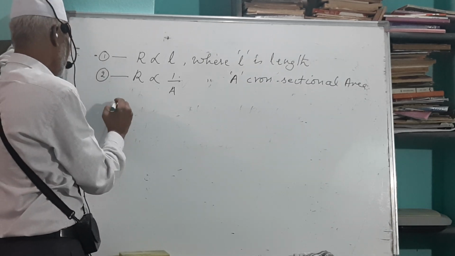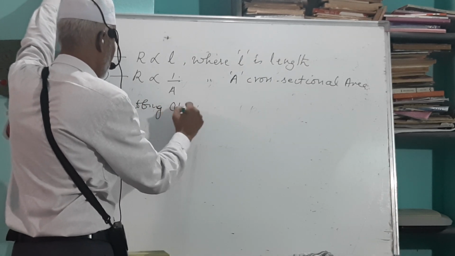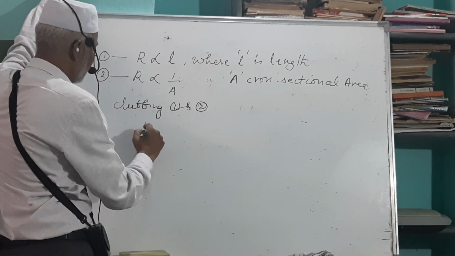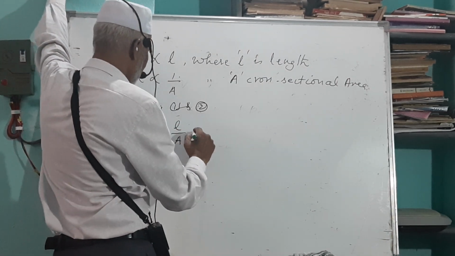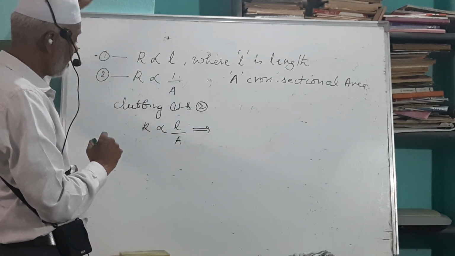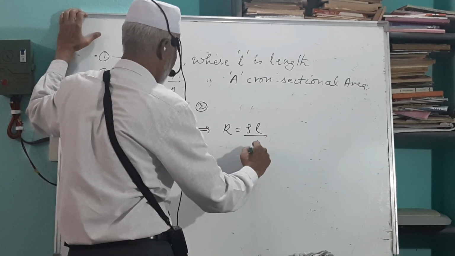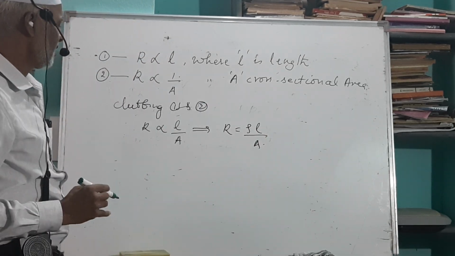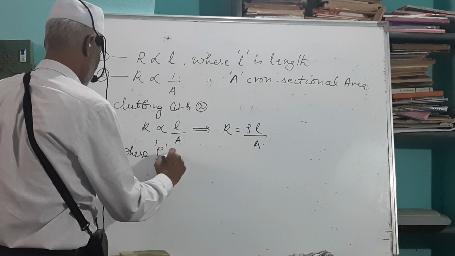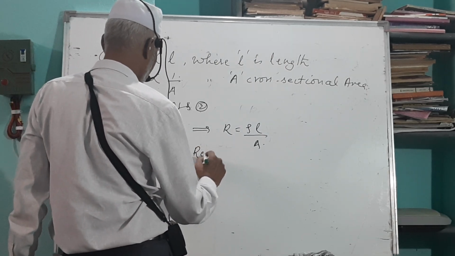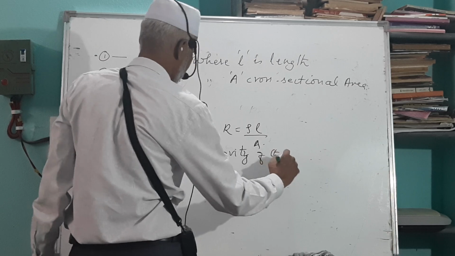Now let us combine equations 1 and 2. You will get R directly proportional to L and inversely proportional to cross-sectional area, which can be written as R is equal to rho L upon A, where rho represents the resistivity of the material, the specific resistance or resistivity of the material.